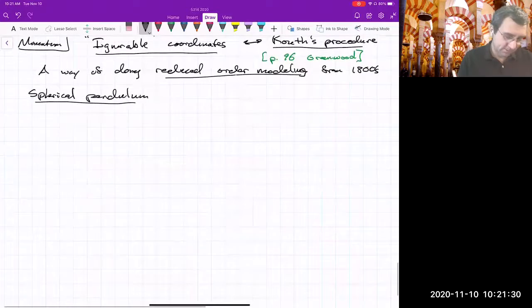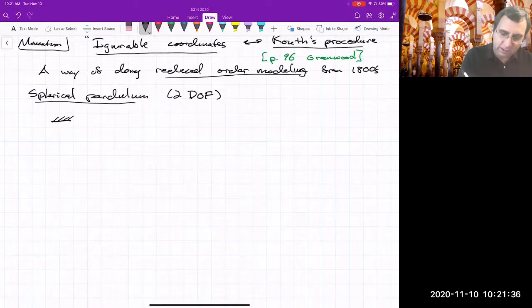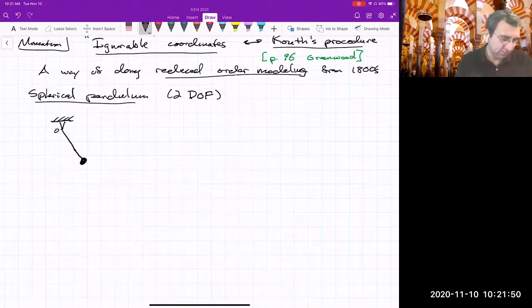This has two degrees of freedom. You could think of it as attached to the ceiling. We've got a pivot point, and here's a massless rod with a mass at the end.